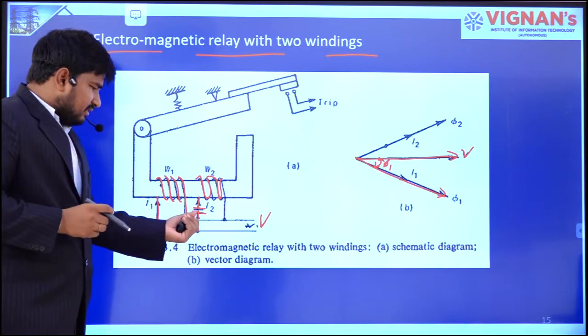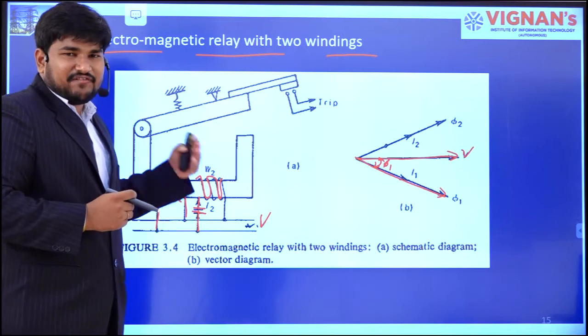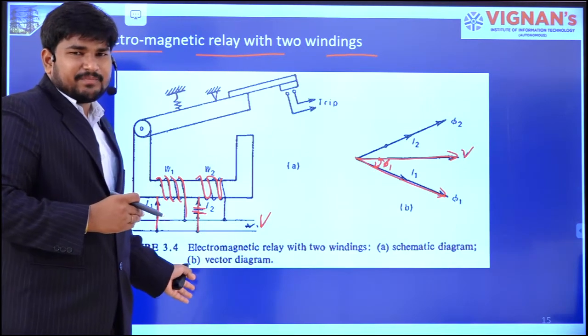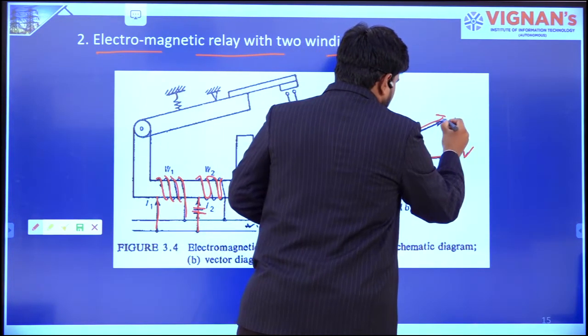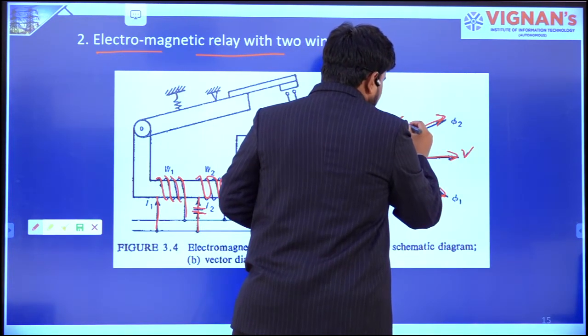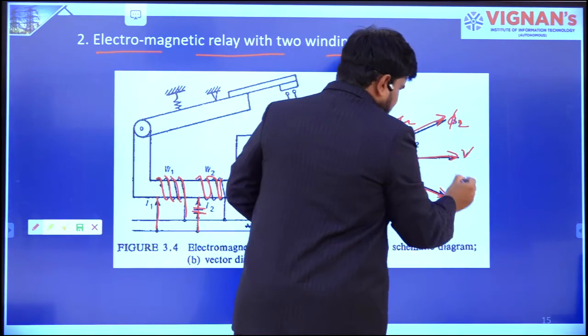And the coil which is connected with the capacitor, the flux will be leading because of the capacitor leading effect. So that is like this. As I2 leads, phi 2 also leads the supply voltage.